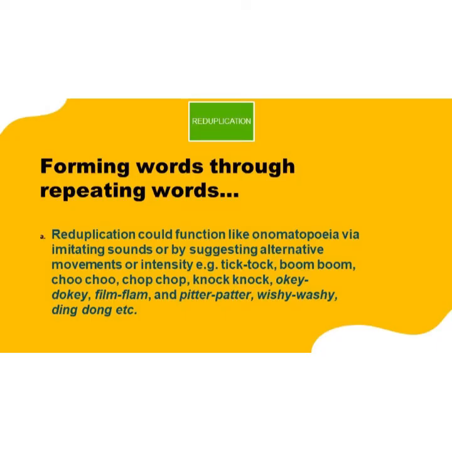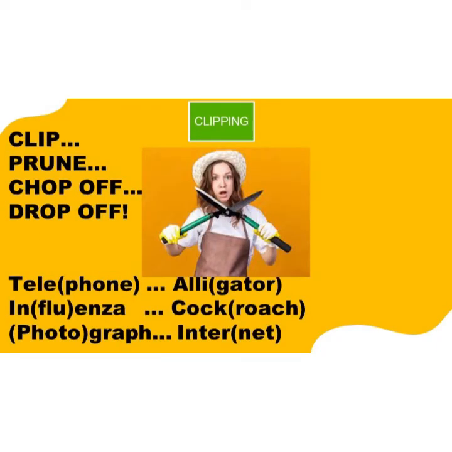Next, we have clipping. What comes to your mind when you talk about clip? To clip, to prune, to chop off, to drop off, meaning that a part of the word is chopped off to form another word. For example, telephone. Have you ever heard the word phone? Of course, you might be listening to this with your phone. So tele has been dropped for phone.